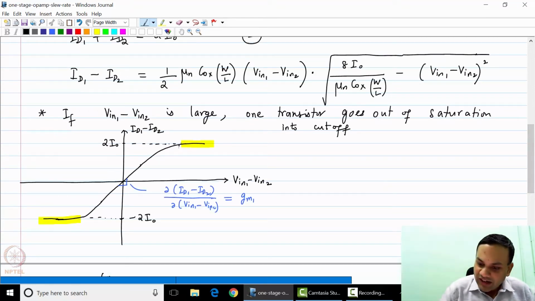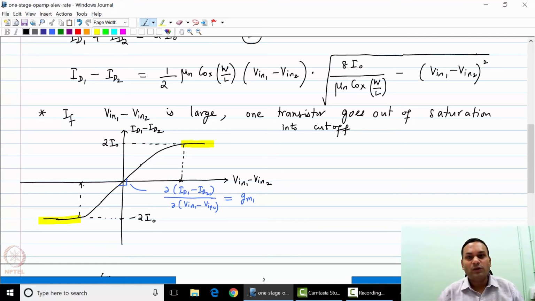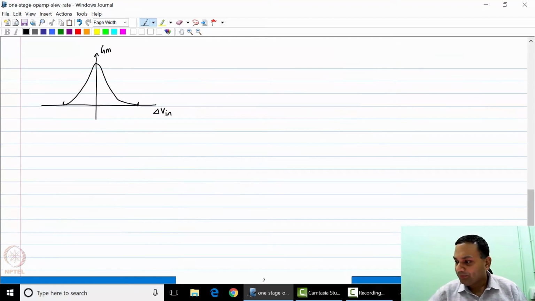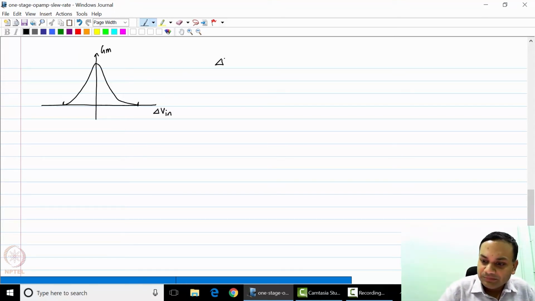In other words, I am trying to find out at what voltage the current fully switches to one side. It turns out that happens when the gate source voltage of one transistor falls just exactly to its threshold voltage, and that can easily be calculated now as delta Vin.